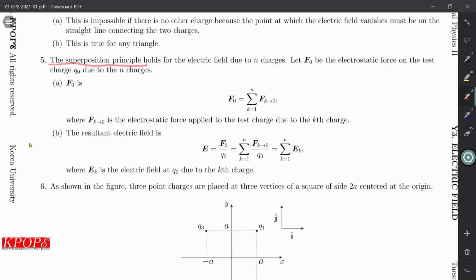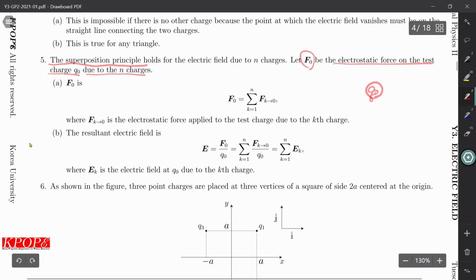The superposition principle holds, so let F0 be the electrostatic force on the test charge Q0 due to n charges. Suppose that Q0 is placed here, and we have Q1, Q2, Q3, and Qn.